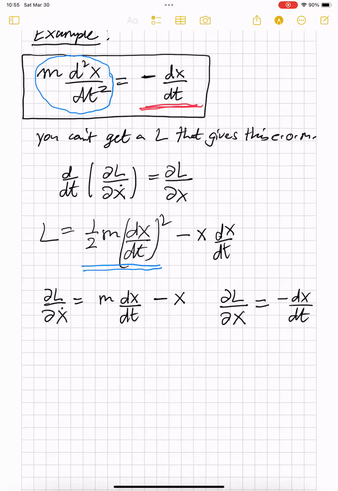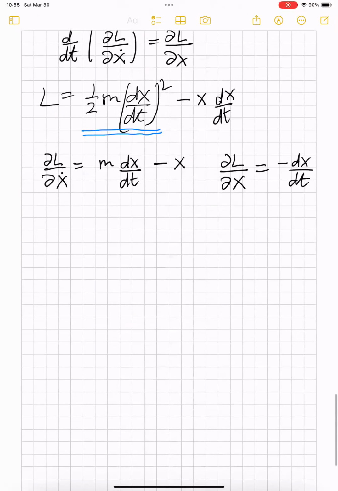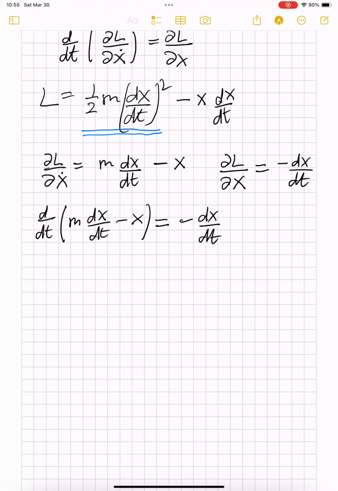So now what does the Euler-Lagrange equation say? Well, I will have d/dt of ∂L/∂x-dot, that's m dx/dt minus x, and this should be equal to ∂L/∂x, which is minus dx/dt. So if I work out what this is, taking a derivative of the first term, I'll get m d²x/dt² minus dx/dt is equal to minus dx/dt.